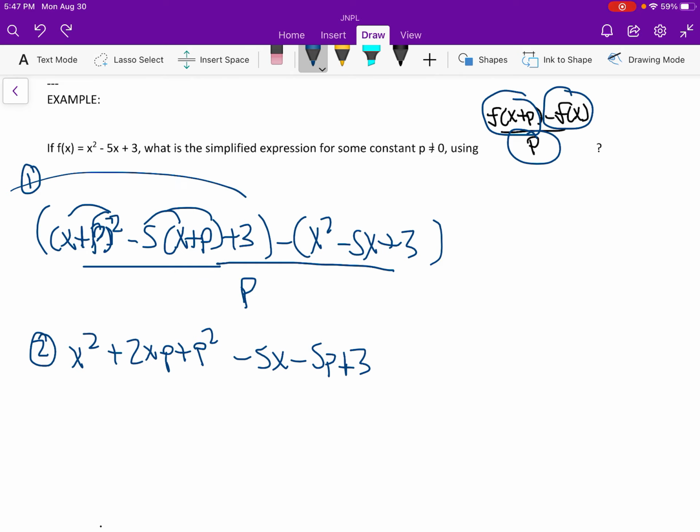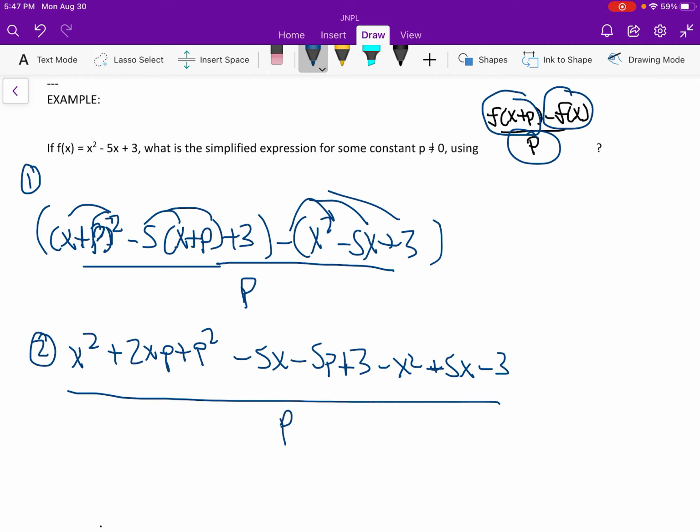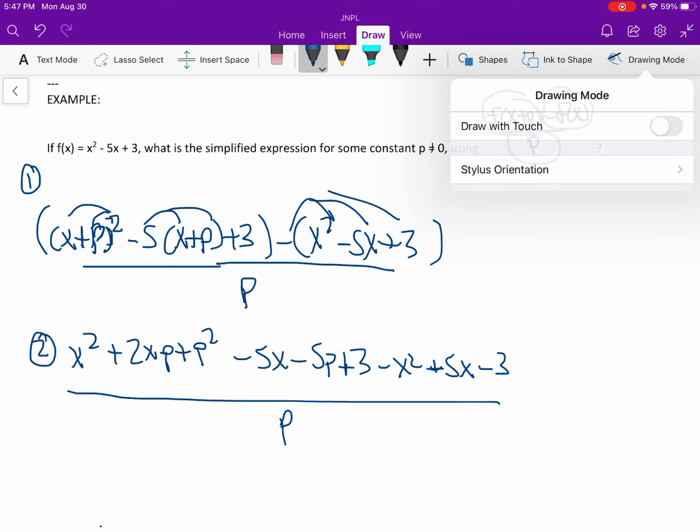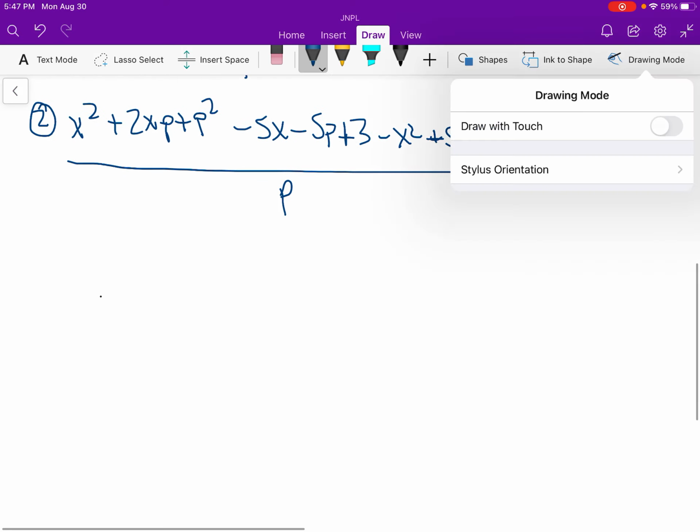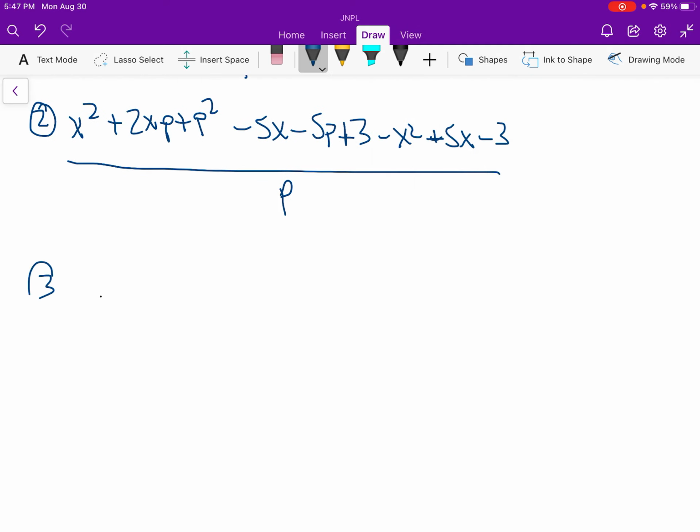We need to still simplify this, which luckily all that means is we distribute the negative, and when you distribute a negative, that just means it changes the sign. So negative x squared plus 5x minus 3. Now all of that is divided by p. That's the second step.